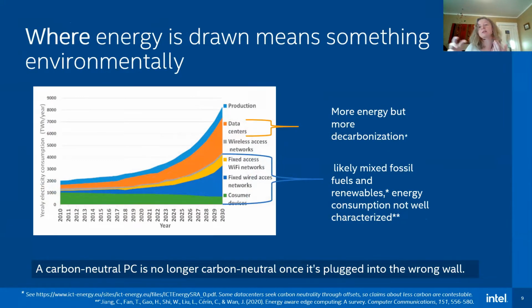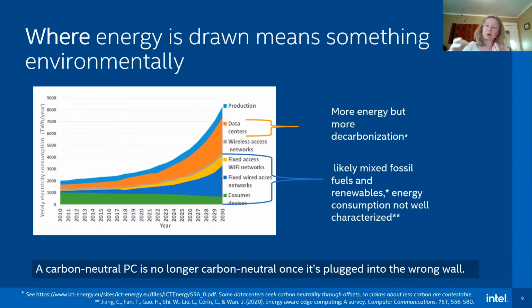So in data centers, what we see is much more effort being made for decarbonization, right? Things like putting in renewables on site, brokering deals with utilities concerning green energy. There is lots of activity in offsets from an environmental perspective. The environmental advocates will tell you that offsets are not necessarily particularly effective, but that's happening.